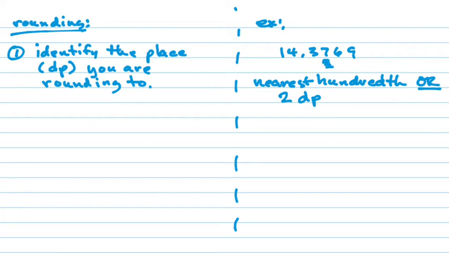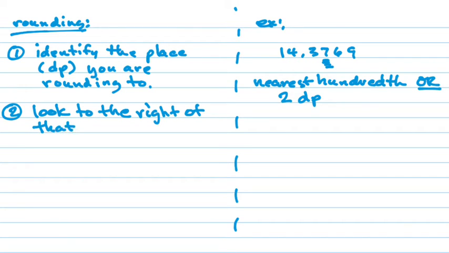Okay. Second, look to the right of that place. Rounding is always going to be determined by the digit to the right of that place. A digit just means the number, right? And there are two cases.